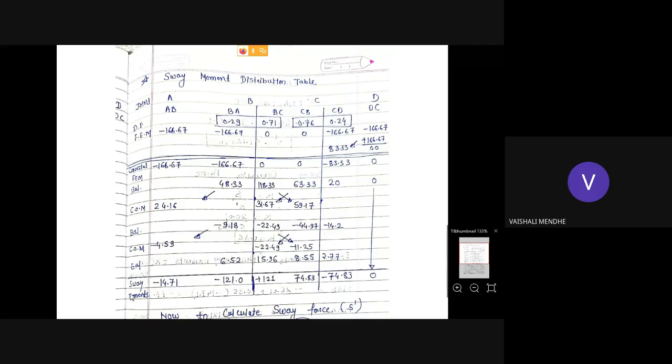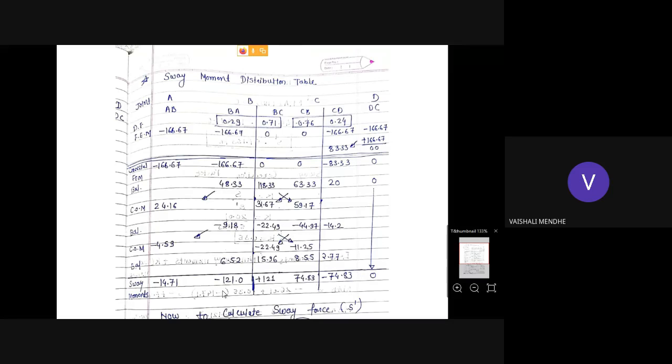So these sway moments, or whatever moments we are getting, are the assumed moments. Okay, arbitrary moments we are getting because we have assumed the displacement is delta and we have assumed the value of EI delta. Some of you will assume a different value, so maybe this value will be different.